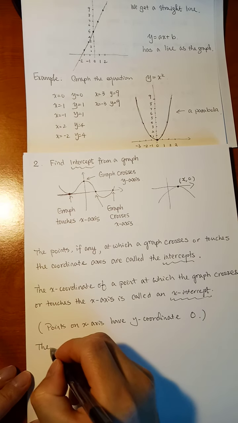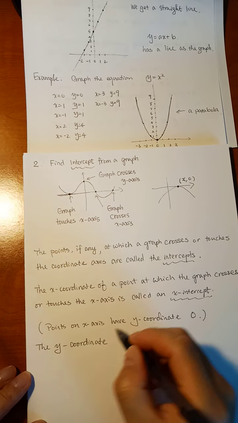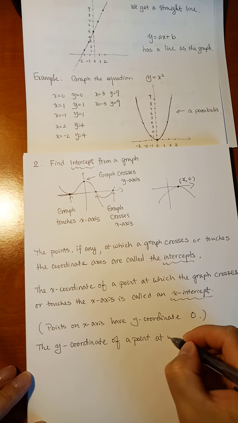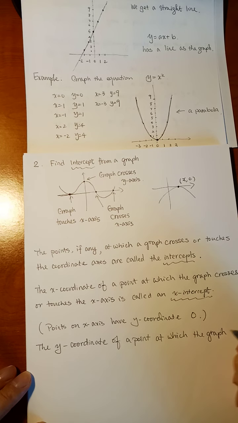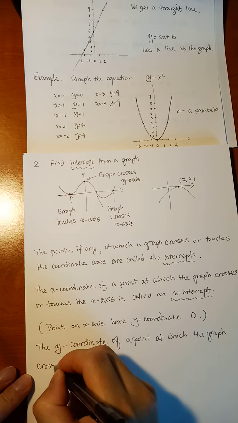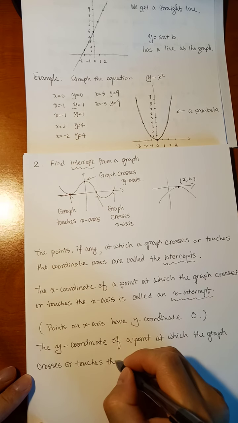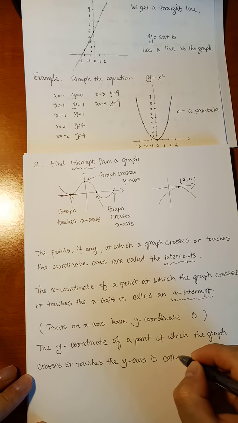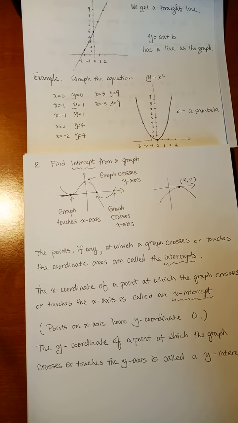So let's make it complete. The y coordinate of a point at which the graph crosses or touches the y-axis is called a y-intercept, right?